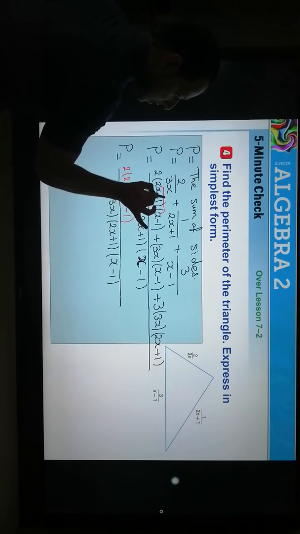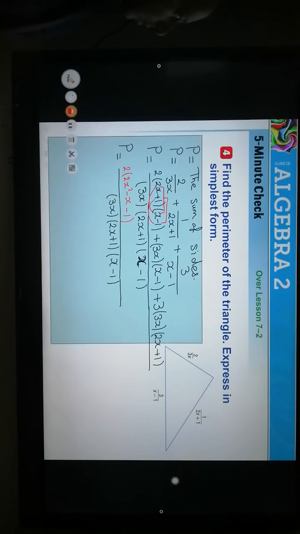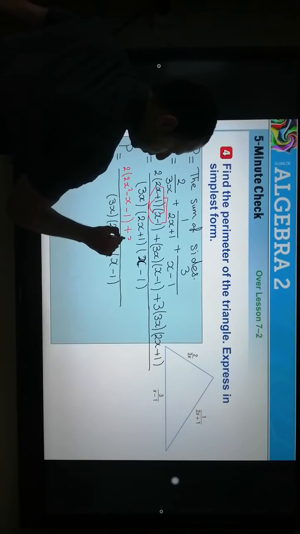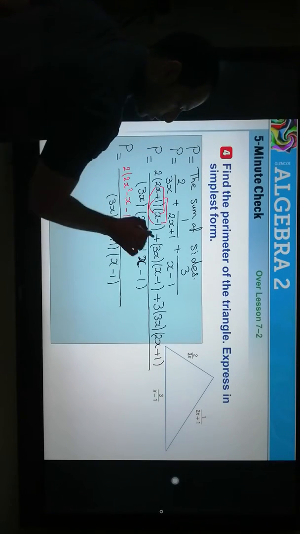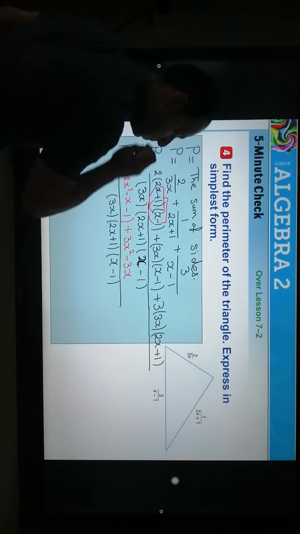Multiplying by the FOIL method: first times first, second times second, means and the extremes. Then after that, plus 3x times x equals 3x squared. 3x times negative 1 equals negative 3x.